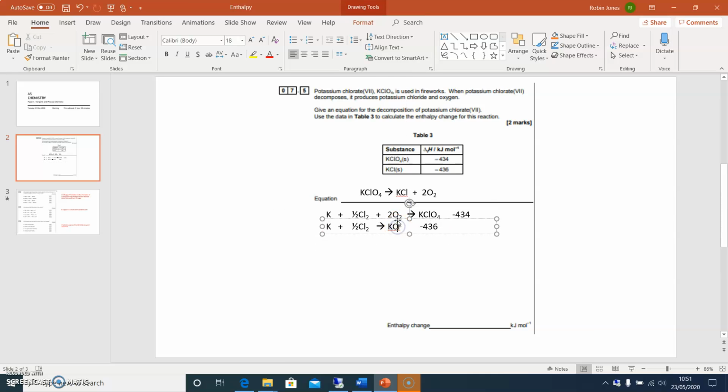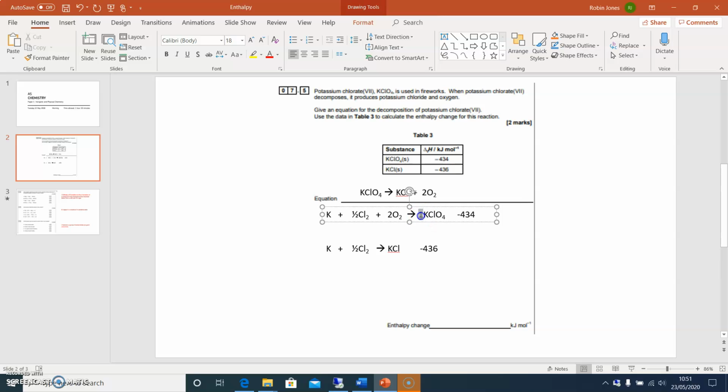So what is that? Formation is when you make 1 mole of it from elements in their standard states. This is a solid, this will be a gas, and potassium is a solid metal. It doesn't actually ask you to produce these state equations, so I'm not going to bother with those, but they are as you'd find them in their normal standard states.